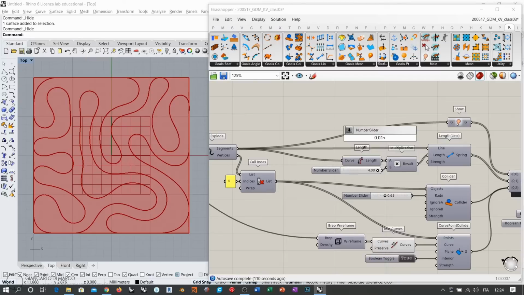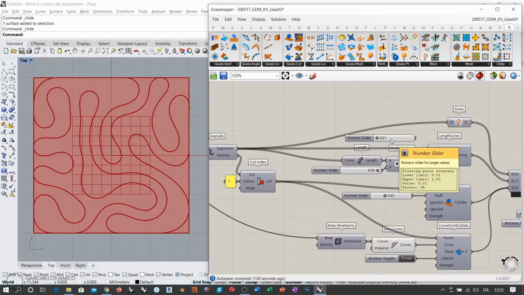And we can also state the highest value for this length, considering the size of our geometry, and considering that we already have 600 segments. If we give this value an upper limit of 1, we are already considering quite an important rest length. So let's say we give this 0.01 to 1.